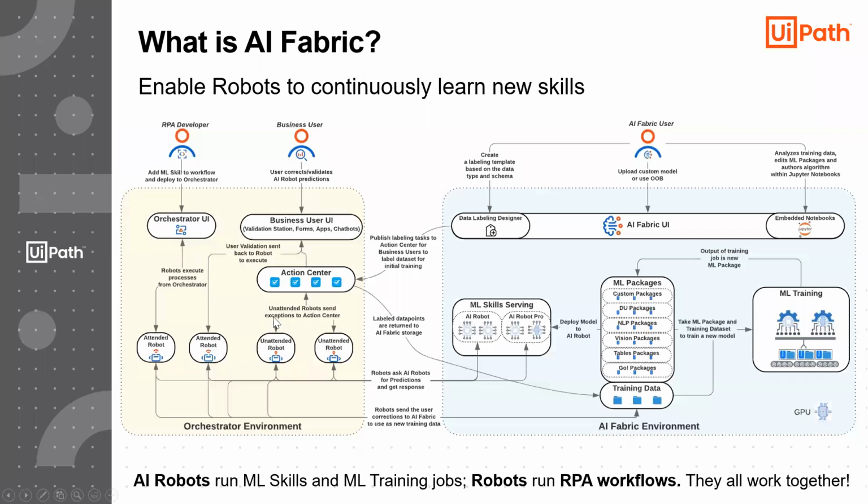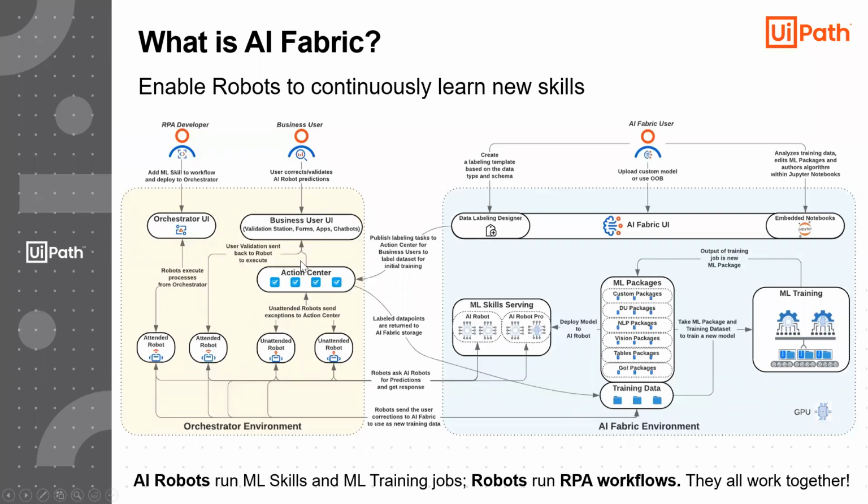This is not the only way we interact, because whenever you're applying machine learning into your process, you're also getting some feedback data, because you're applying that to real data and you want to get the maximum out of this data. So if at some point you're not sure, or if a human is interacting with your process and correcting or labeling some data, you can of course send back this data to AI Fabric.